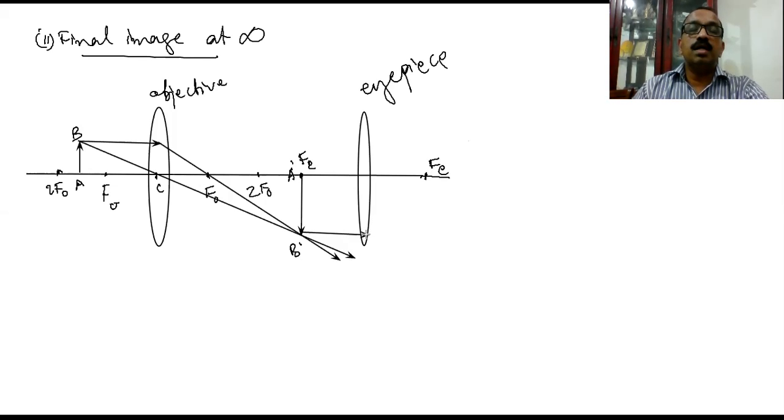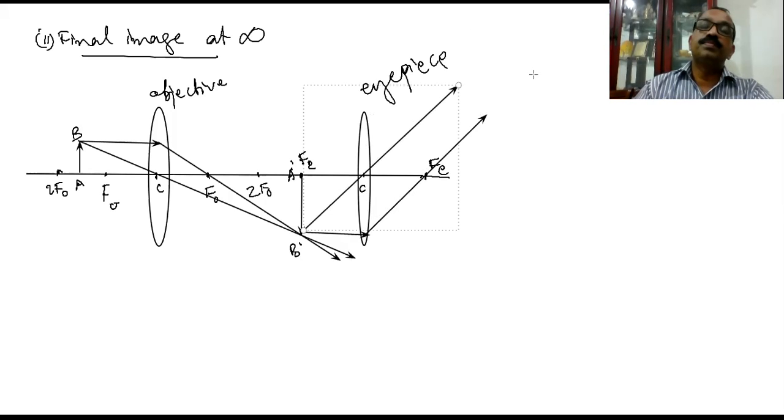This light ray, after refraction, will pass through the focus. Center of curvature again. After refraction, the light ray goes through the optic center. So what you observe is they're not meeting, they go parallel.